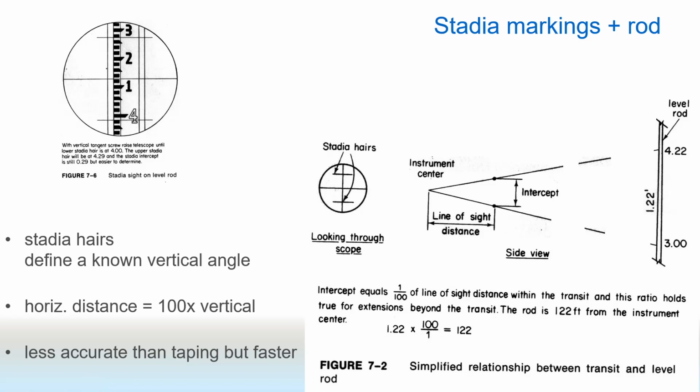The stadia markings and rod method is not very accurate, but much faster than measuring with taping or chaining.